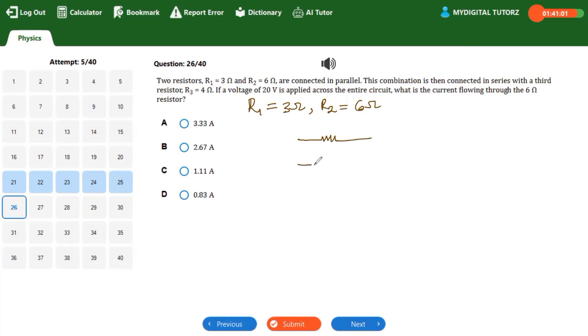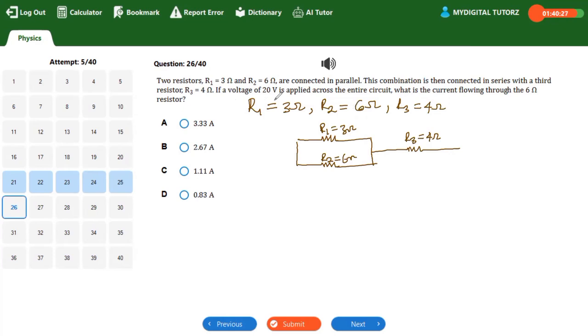That is parallel connection, side by side. So like this, the two resistors are connected in parallel. Here is R1, which is 3 ohms, and here is R2, which is 6 ohms. This combination is then connected in series with a third resistor, R3, which is 4 ohms.